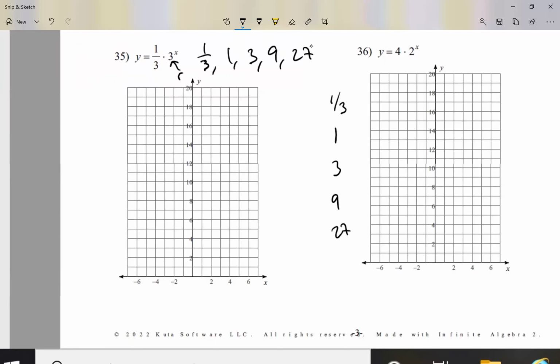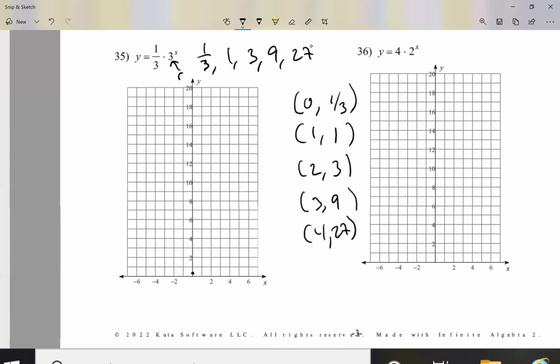Notice how I again made my list vertical. The x value of my first point is 0. And then 1, and then 2, and then 3, and then 4. And once again, until I need to. The x value is easy to get. So I'm just going to plot this point, 0 and 1/3. That's about there.